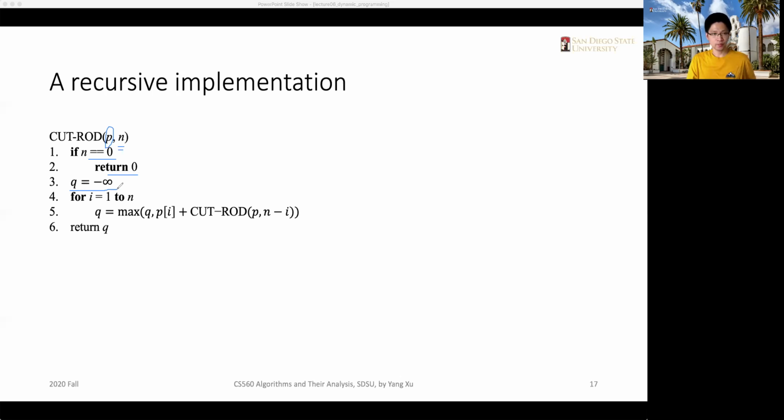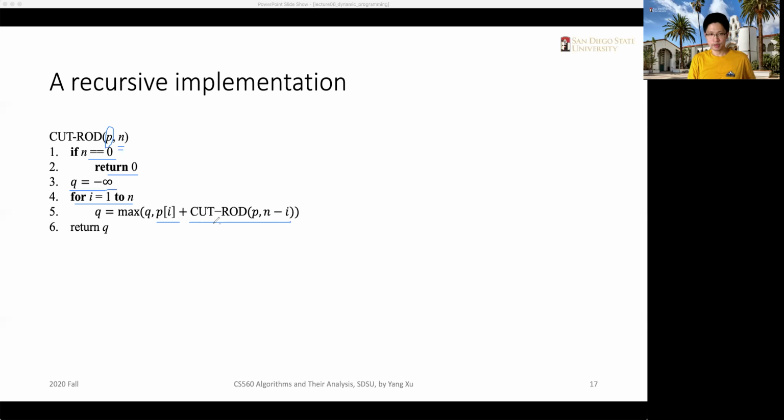The function will use a for loop to iterate over all possible positions to place a cut. After it places a cut, it will compute the price by the price of the left half and the optimal price of cutting the remainder.